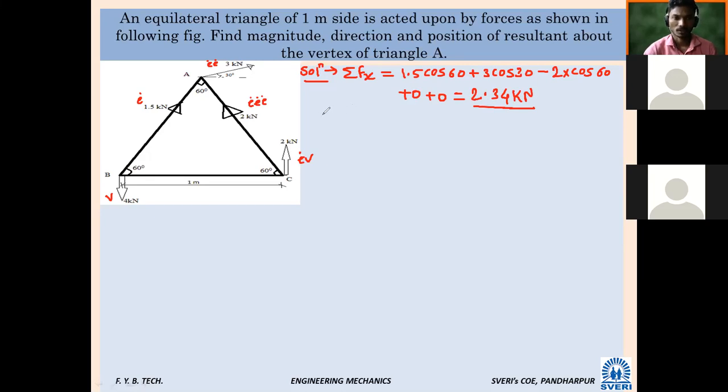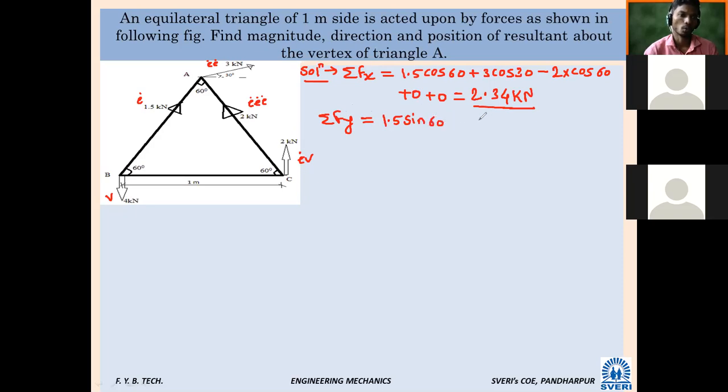Yes. Now summation Fy. Calculate. Force number 1, the Y component of force number 1, 1.5 kilonewton. 1.5 sin 60, plus or minus? Plus, 1.5 sin 60.